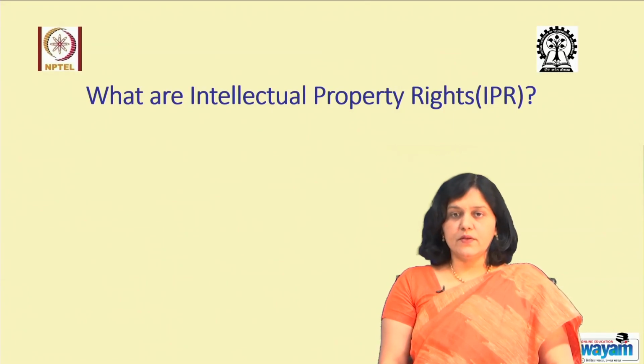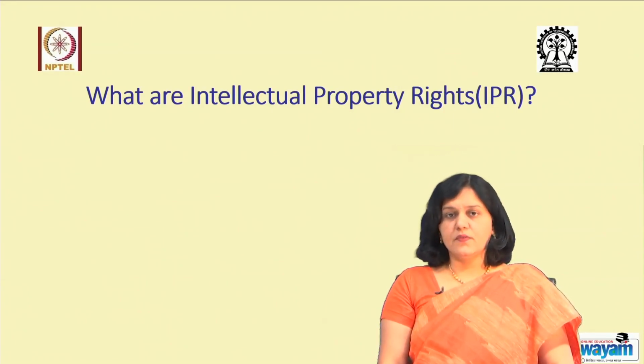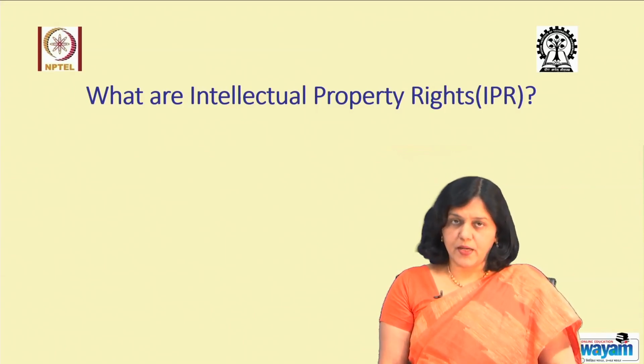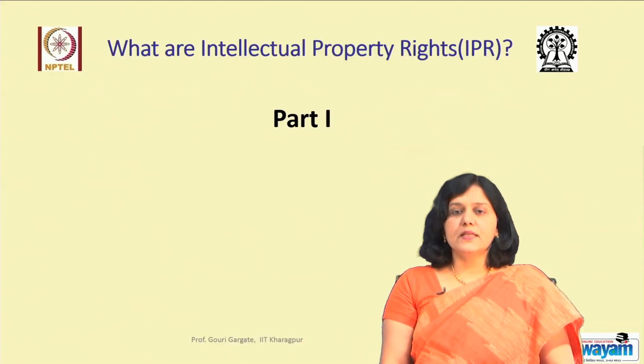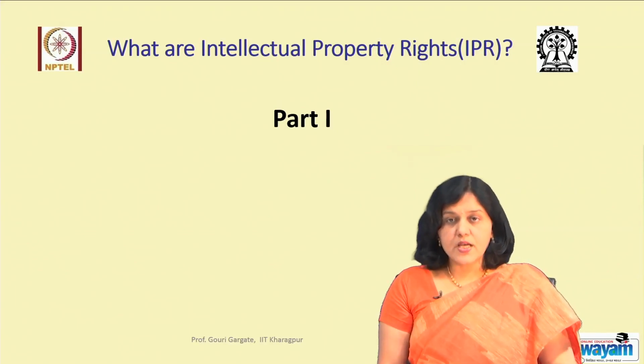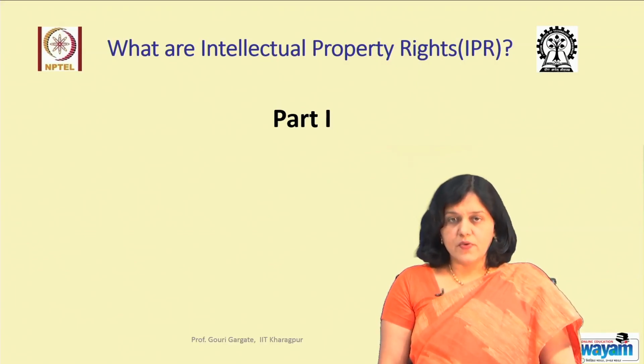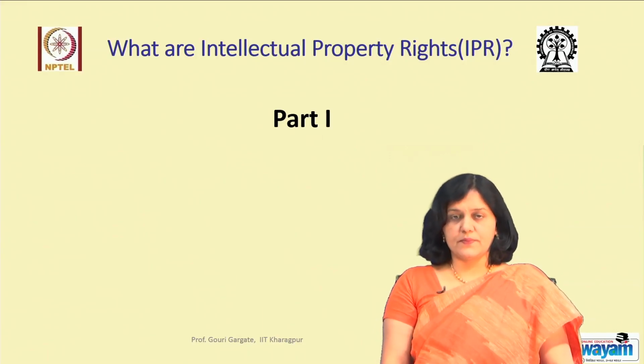As this module will cover various terminologies, for ease of understanding of the subject, we have divided this module into part 1 and part 2. So, here we go. As discussed in the earlier module, intellectual properties are the creation of mind such as inventions, literary and artistic works, symbols, names, images and designs used in commerce.